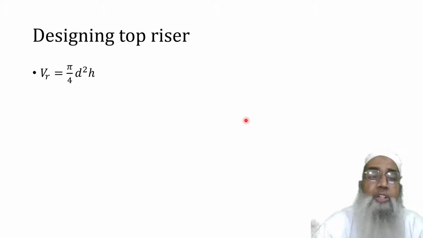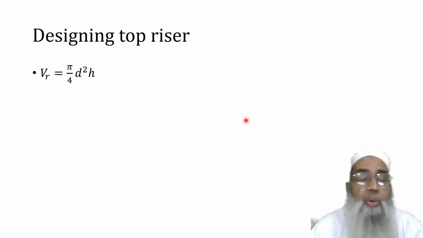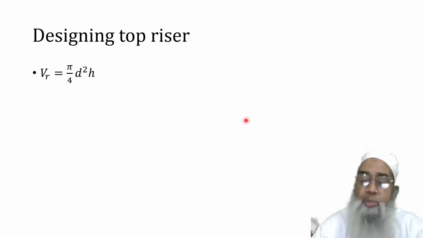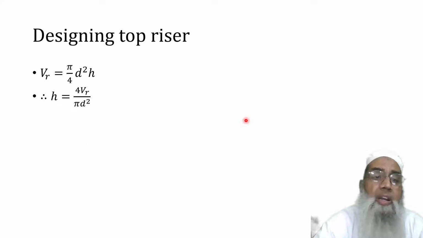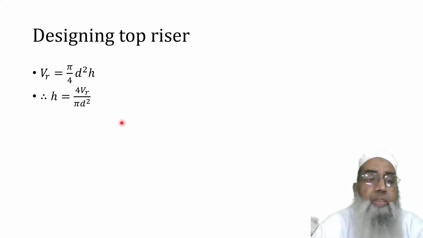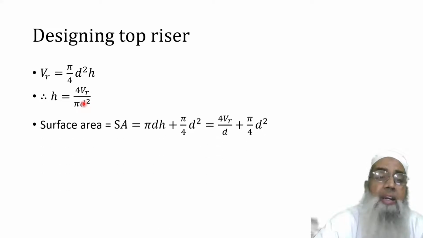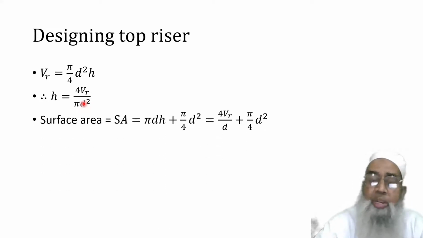Now, designing a top riser, the volume of the riser can be given by this particular equation, and therefore we can find out the value of H with respect to D, and the surface area can also be calculated.